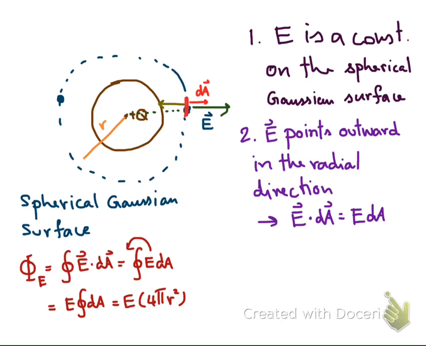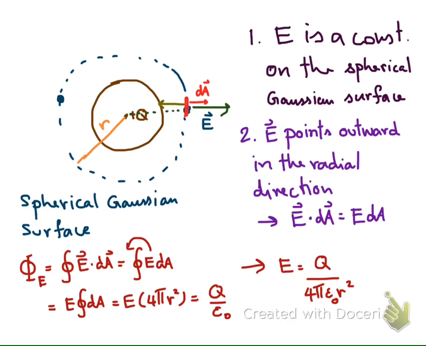This is r. But we know that the flux from the Gauss law is equal to the net charge Q over epsilon 0. From this calculation, we have that E is equal to Q over 4 pi epsilon 0 r squared.